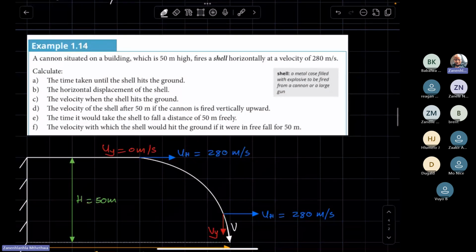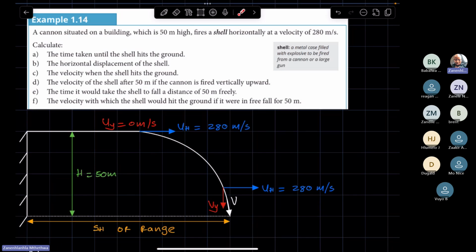And then F, the velocity with which the shell would hit the ground if it were in free fall for 50 meters. Okay, so now they want us to calculate the final velocity, if this was freely falling from the top of this building to after 50 meters.